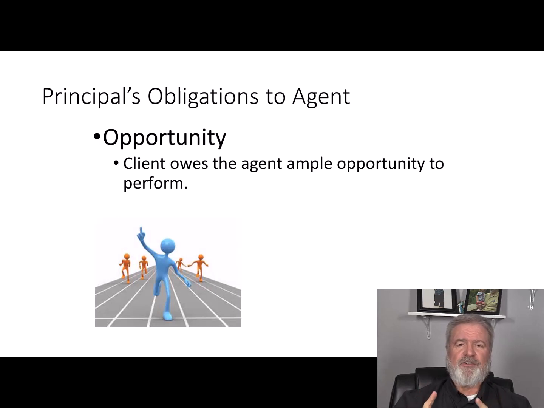Well, if the seller says, I don't want a lockbox, I'm going to tell you, that's going to cut down on your opportunity to sell the house. That's going to reduce your opportunity. Because basically what that means is, without a lockbox, any other agent that has a buyer wanting to see the house won't be able to get in because there's no lockbox with a key. So how are they going to get in?